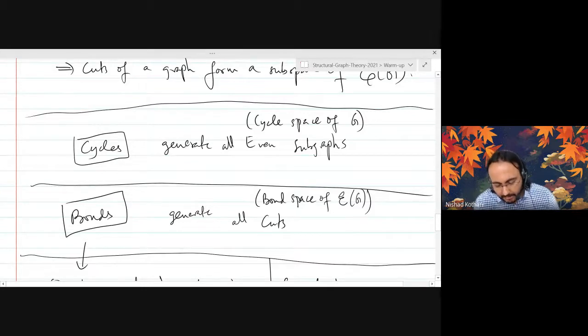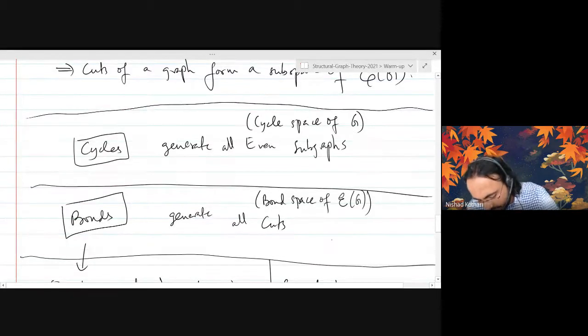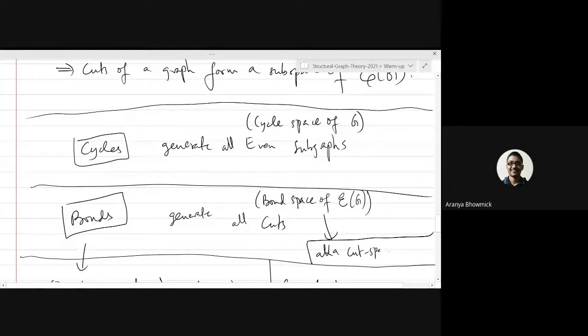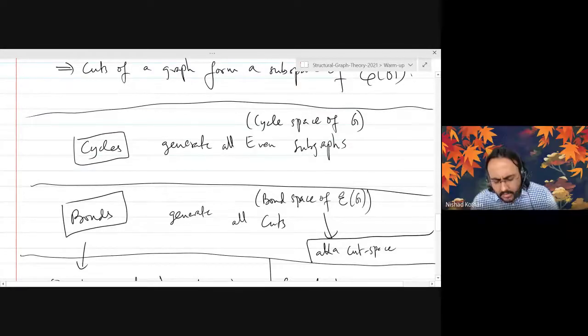Some people use circuit space and stuff like that. I think people also call it the even subspace of the graph, but we will stick to these terms.